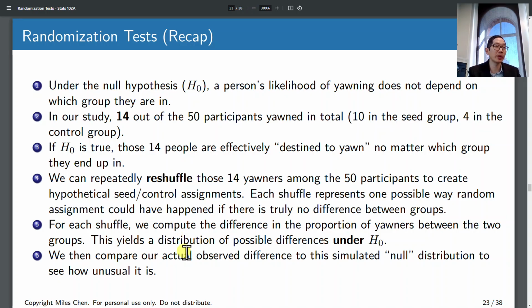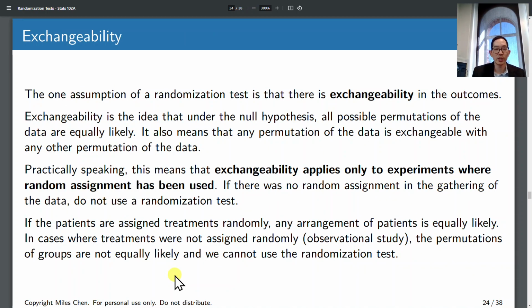And we're going to compare our actual observed difference of 0.044 to our simulated null distribution to decide if it is unusual or not.